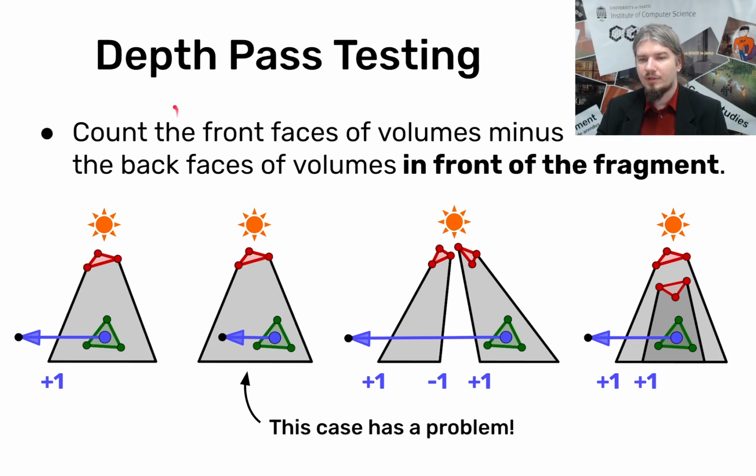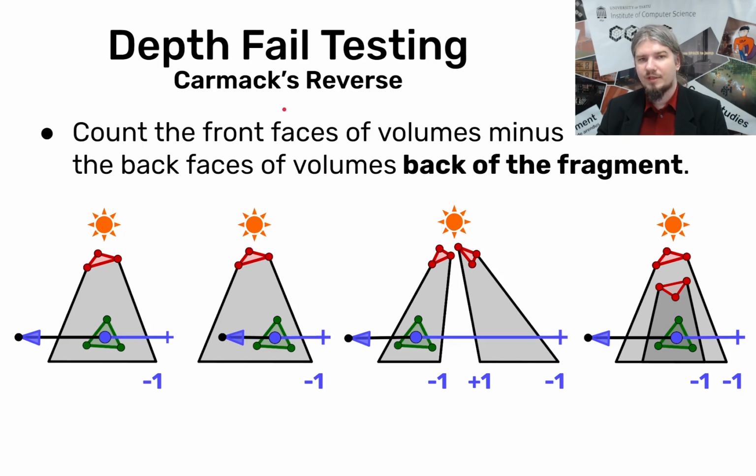So right now, note that we configured the shadow volumes to change the stencil buffer only when the depth testing passed for those volumes. The solution for this particular case is actually to use the faces of the shadow volumes when the depth testing fails. And this is also called Carmack's reverse because John Carmack used it in Doom 3. Now, what he did was he counted the volumes that are behind the current fragment.